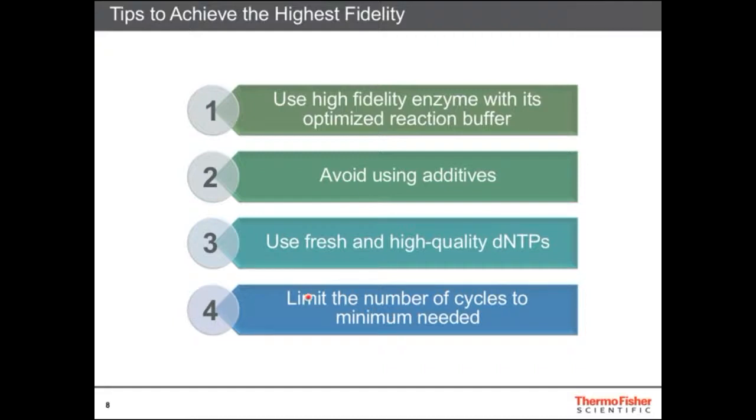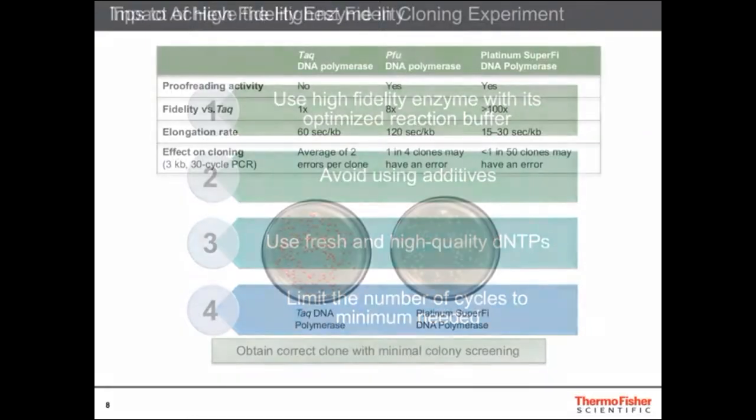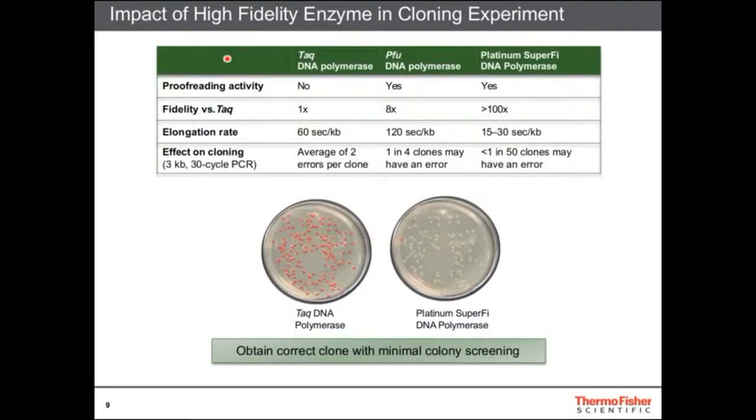So because you're doing fewer cycles, you want to make sure that you're using a polymerase that has a high level of processivity to be able to make a lot of product. So this just demonstrates how a high fidelity enzyme can impact your results of a cloning experiment.